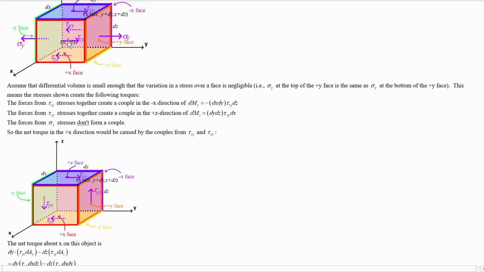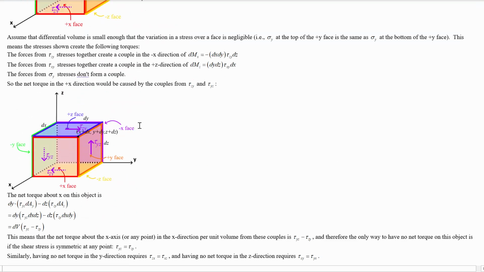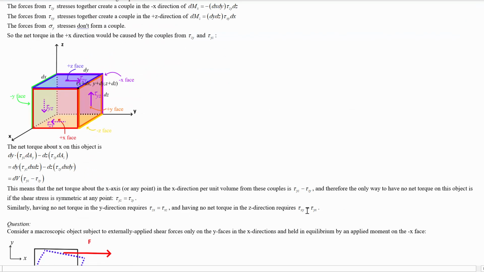You can't have other applied moments on an infinitesimal volume because the stresses cannot change over the infinitesimally sized surfaces. So the axial stresses don't contribute, and it leads directly to this symmetry in the shear stresses.